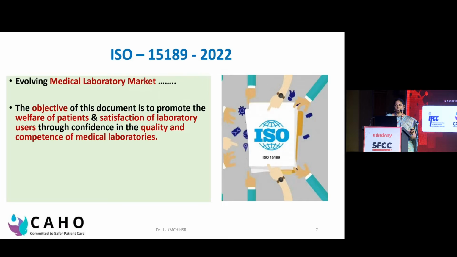So it has to be relevant and applicable in both these situations. There is technology and AI. We are moving into point of care testing, and as Dr. Tupil sir was saying, in 10 years you're going to get all of these tests in POCT mode. So we have to upgrade ourselves in the way we look at these tests and in the standards we need to follow in our laboratories, as well as for the accrediting bodies to accredit.